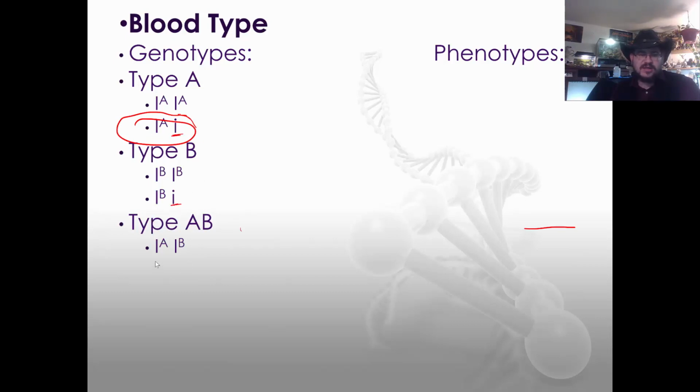So if I say heterozygous type AB, I mean it's got an A and a B. Type O, you can only be homozygous. You can only be type O if you're homozygous for the O allele.